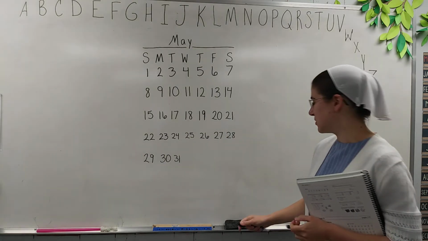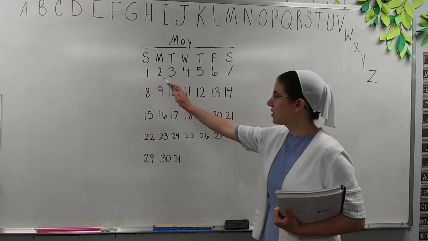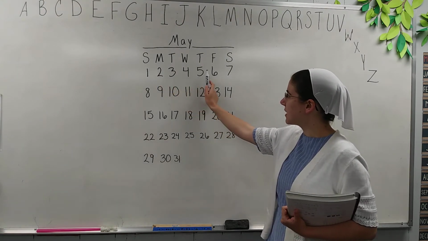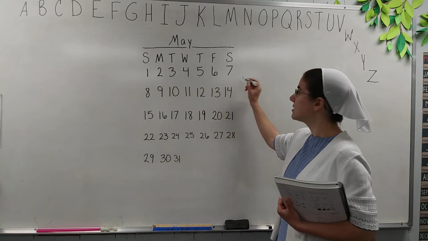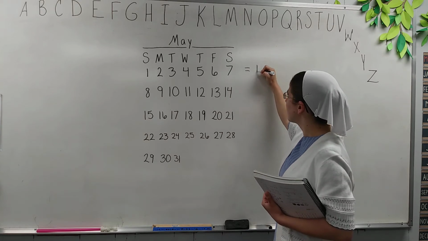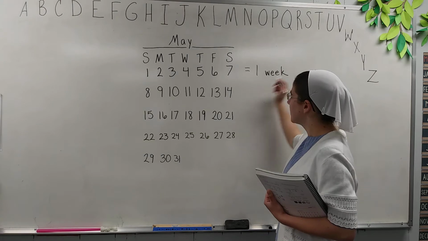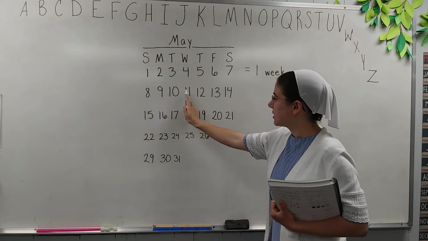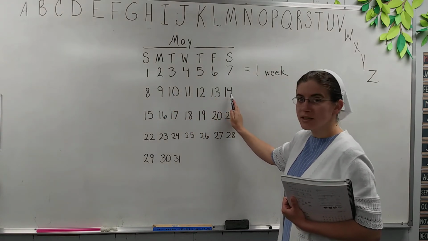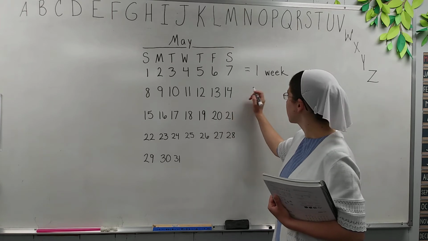So one way to do this, we have 1, 2, 3, 4, 5, 6, 7. So that's 1 week. 1, 2, 3, 4, 5, 6, 7 days. That's another week.